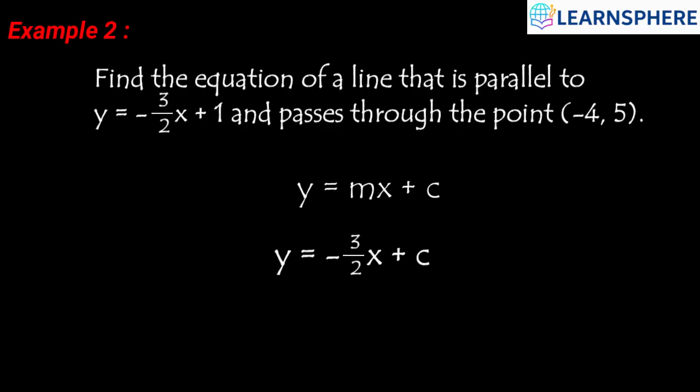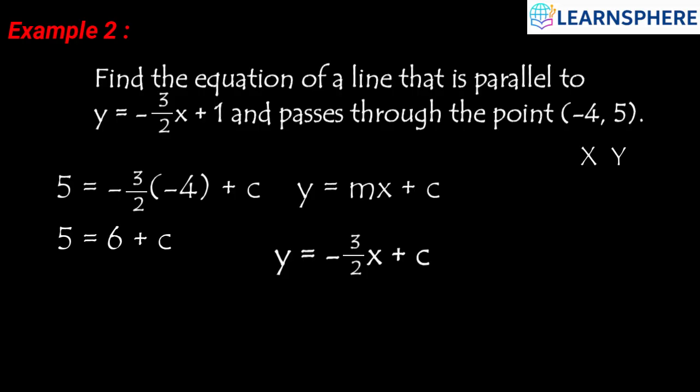Next, to find the value of c, we can use the point that it passes through, which is (-4, 5). -4 is our x value, and 5 is our y value. After substituting this in, we get the equation 5 = -3/2(-4) + c. We can then simplify this to be 5 = 6 + c.